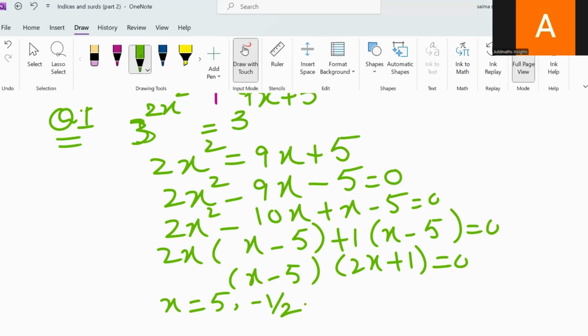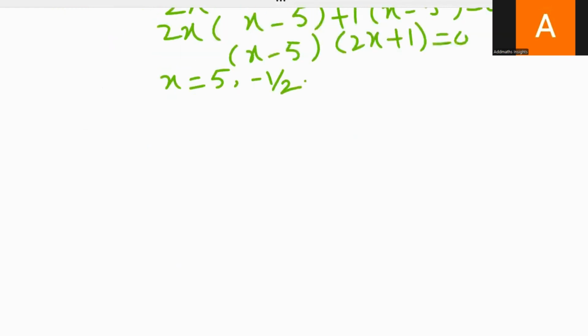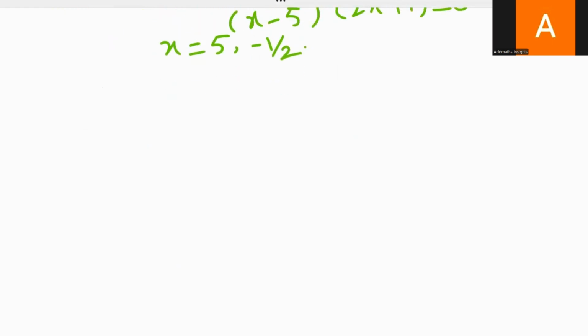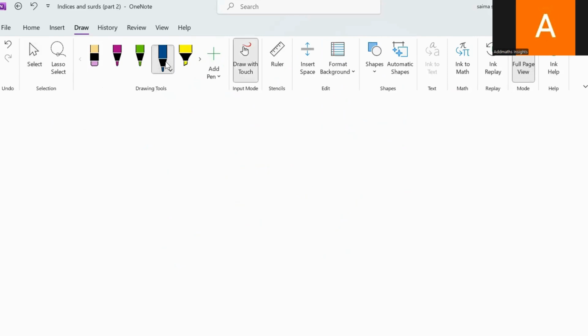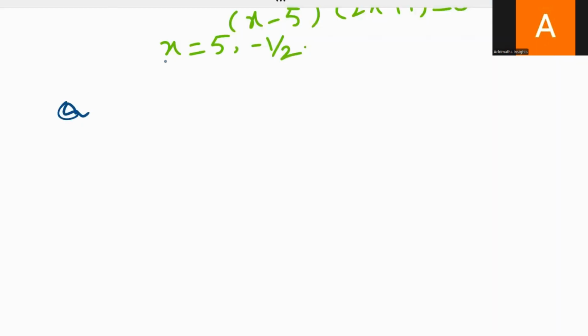So we do more examples. For example, the question is 2 raised to the power n minus 1 is equal to 1 by 4.